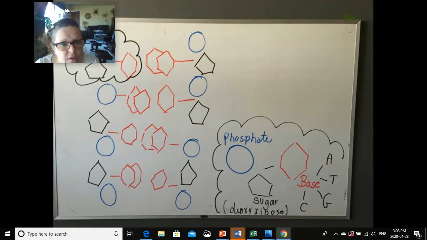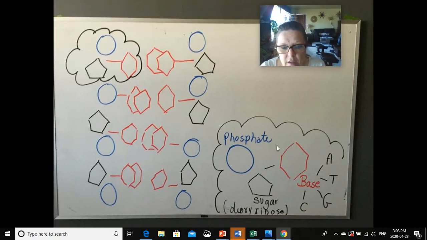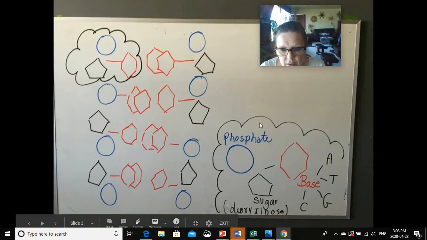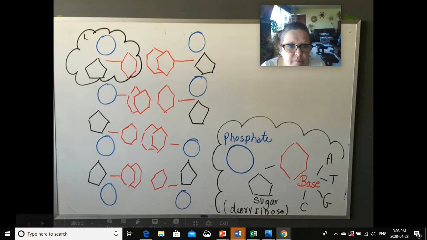So in this cloud here, this part that I blew up, I've shown you where that goes up here. So that's this. And so you can see how this repeating unit is actually making up the DNA molecule here. So we have the ladder, or the long parts of a ladder. They probably have a name, but I don't know what it is.